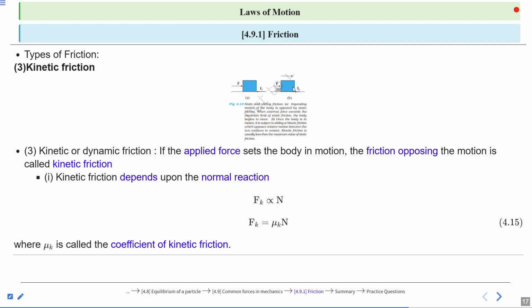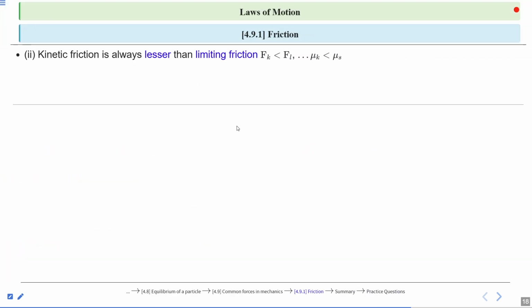Once a body is in motion, it is subjected to sliding or kinetic friction, which opposes the relative motion between the two surfaces in contact. We can say kinetic friction is less than the static friction. Kinetic friction is always lesser than limiting friction, so Fk is less than Fl.